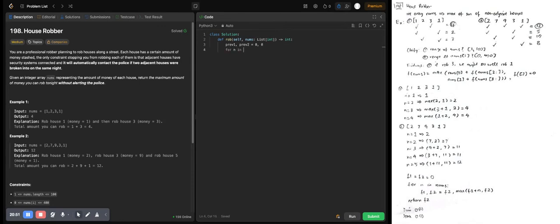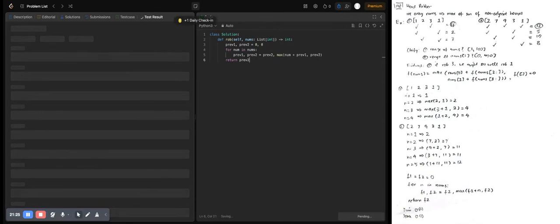Now for n in nums, pref1, pref2 equals pref2, comma, max of num plus pref1, or it could also be pref2. Now we return pref2.